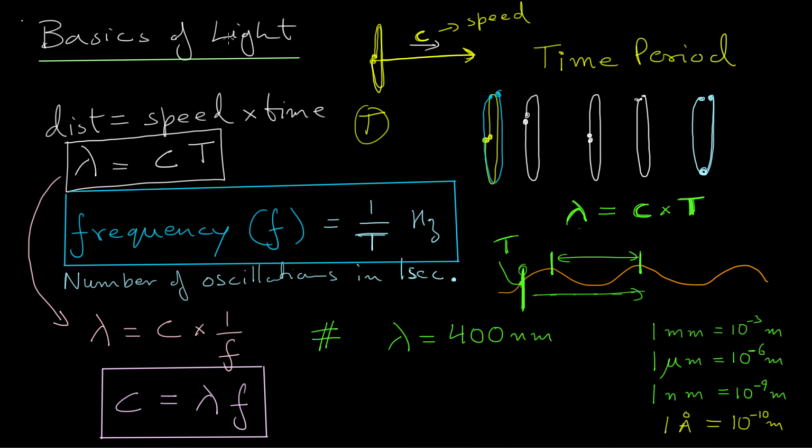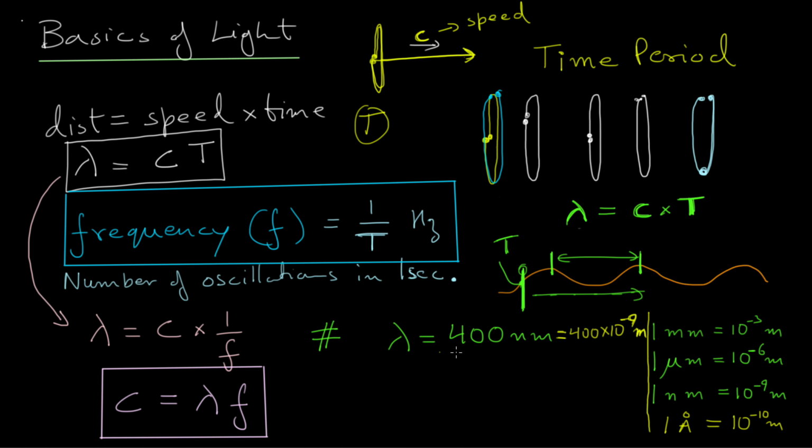We are doing basics of light, which they assume you already know, and none of the questions are going to come on it. So 400 nanometers means how many meters? 400 into 10 power minus 9 meters, right?